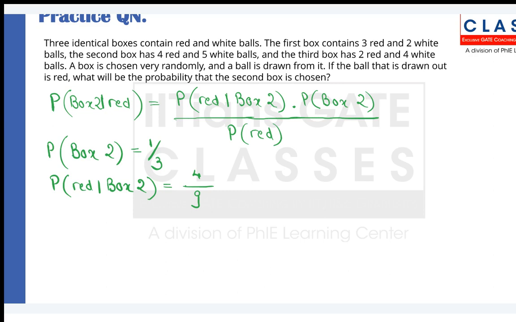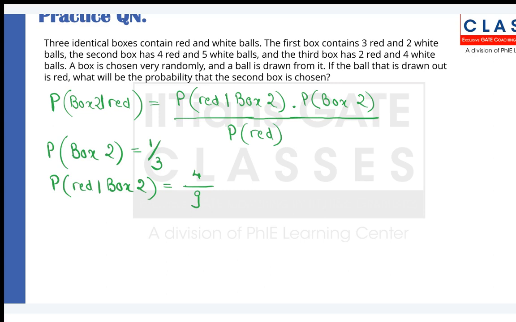You can also solve that with the big formula, P of red and box 2 divided by P of box 2, but that is a bit longer. Given that you have selected box 2, your sample space now confines to whatever is in box 2, which is 9 balls. Out of 9, 4 are red, so 4 by 9.